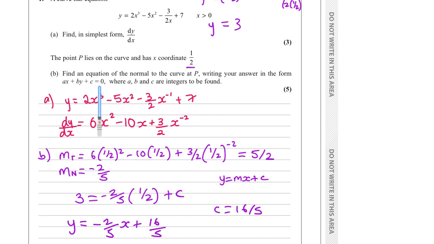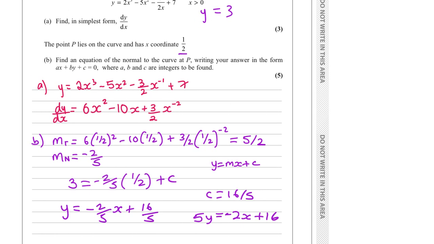Now the question says, leave it in the form ax plus by plus c equals 0. I'm going to multiply everything by 5. 5y equals negative 2x plus 16. And then I'm going to move it all to the left-hand side. 5y plus 2x minus 16 equals 0.